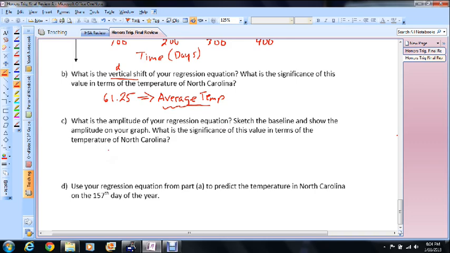So anyways, our answer is 23.38. And what does this represent, or what's the significance of it? Well, the range of temperatures when multiplied by 2.